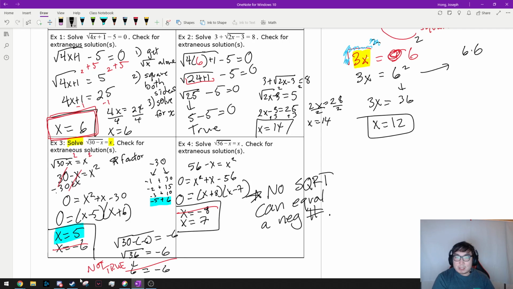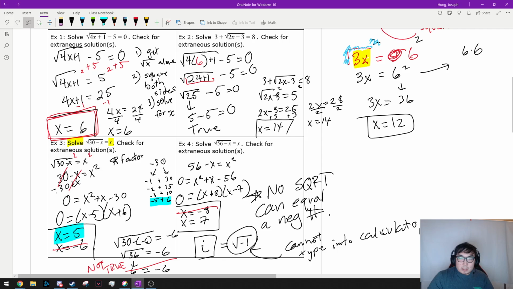And we know that because we introduced i. i was the way to enable us to get a negative answer when we square root stuff, because this is the square root of negative 1. But we can't type this into the calculator, because this number is not a real number.